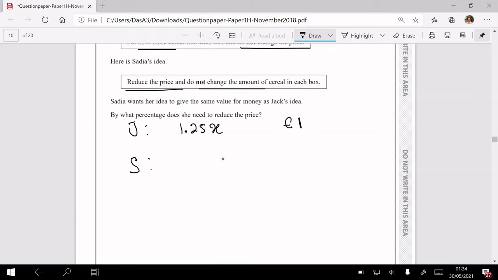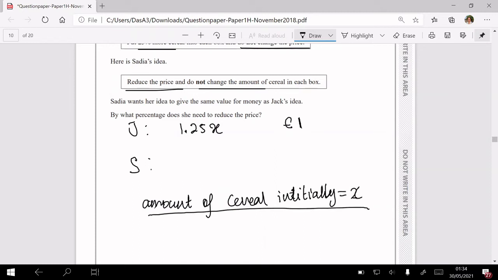So if I say the amount of cereal initially is equal to X, I named the initial amount of cereal X. Therefore, if Jack increases by 25%, it becomes 1.25 X, whereas Sadia is just X.